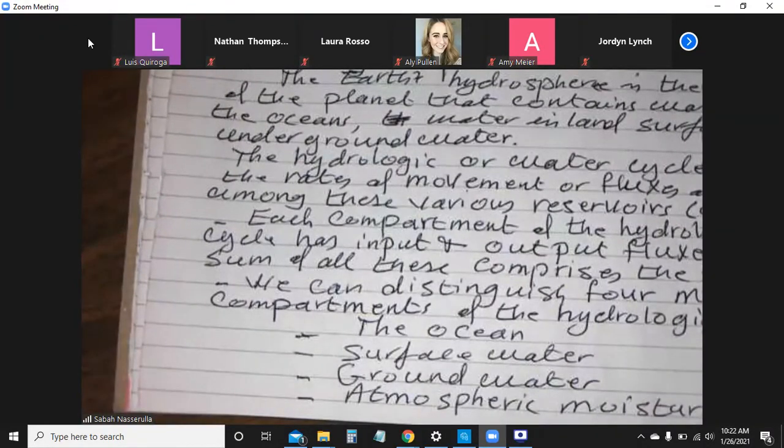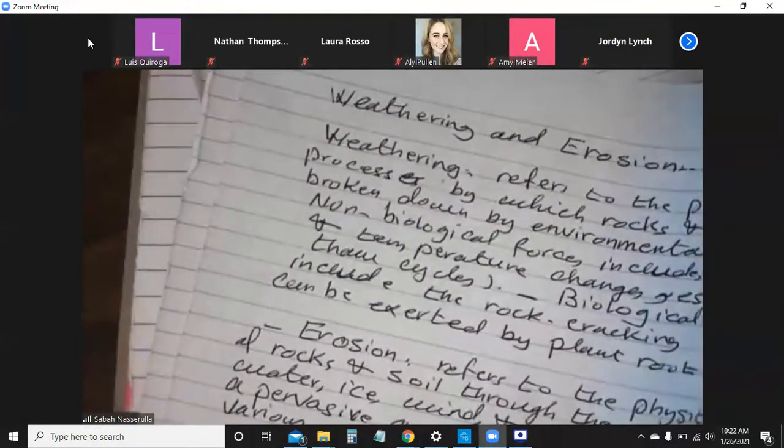Then we will touch a little bit on each of these.